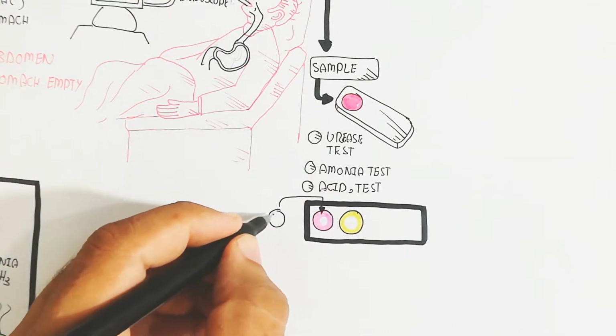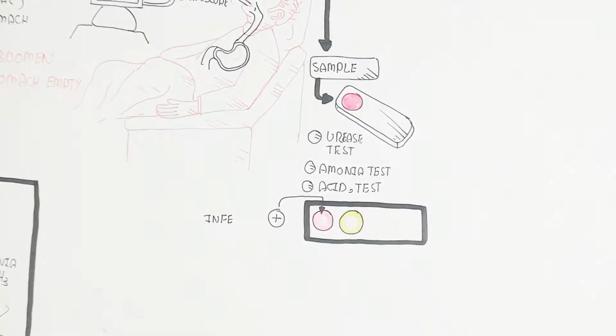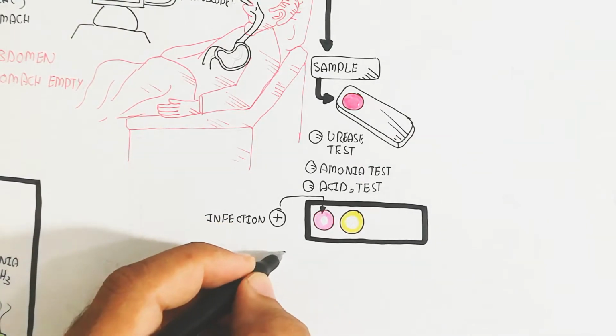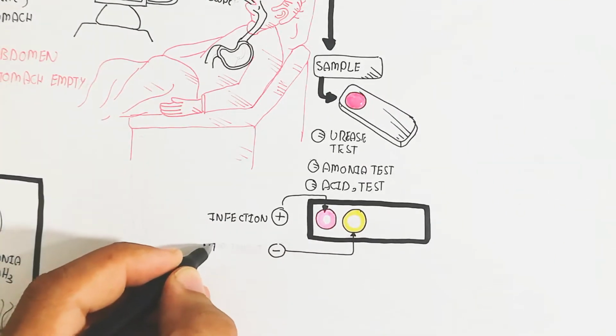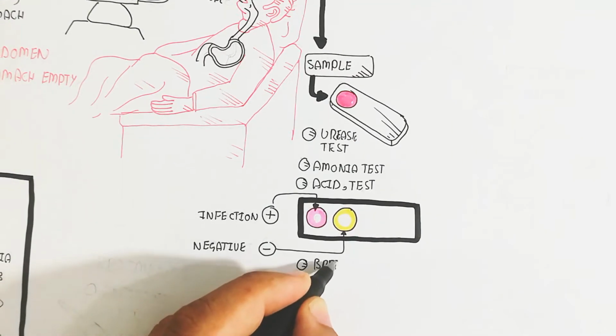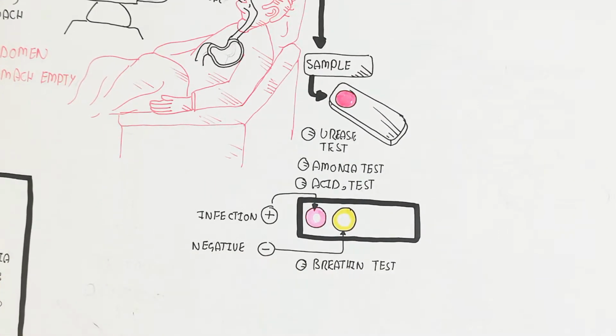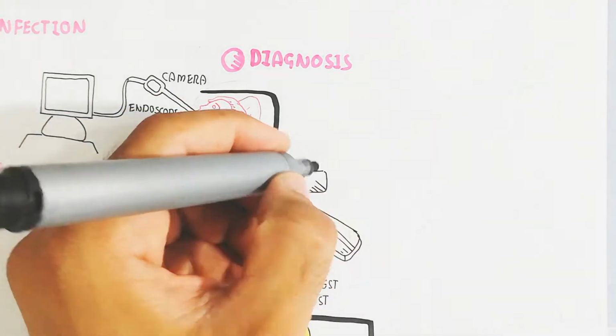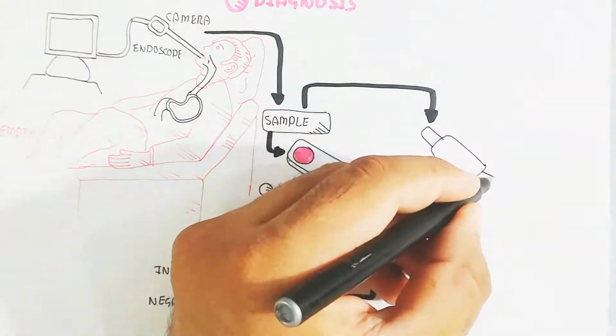Helicobacter is present. Here you can understand this is the infection: if positive, the red dye will appear, while if negative, the yellow color will appear, and the breath test is also used for it.